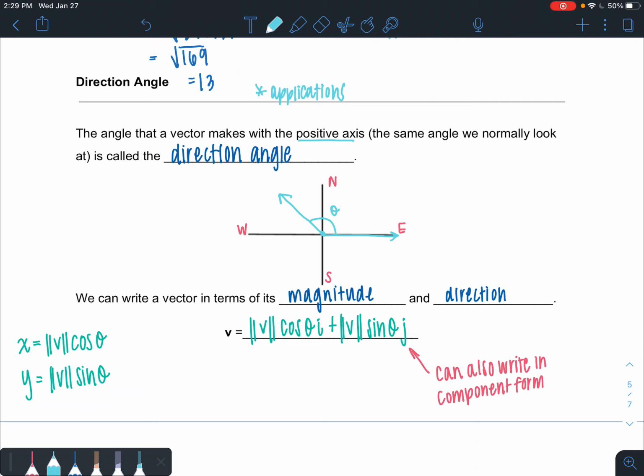We can write a vector in terms of its magnitude and direction. The formula is: magnitude of v cosine theta i plus magnitude of v sine theta j. You can also write it in component form, where this is your x and this is your y. Remember, cosine is x and sine is y, so that's pretty straightforward.